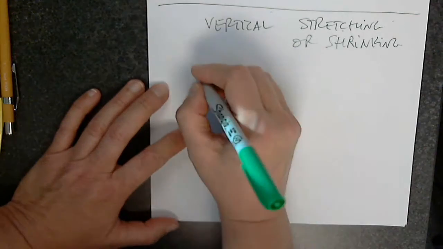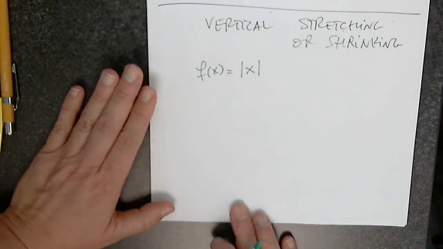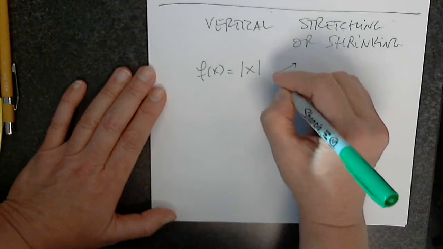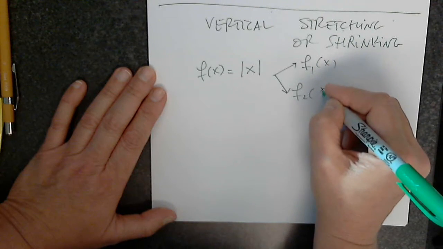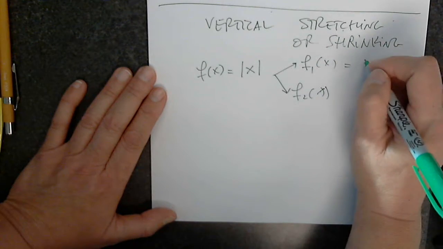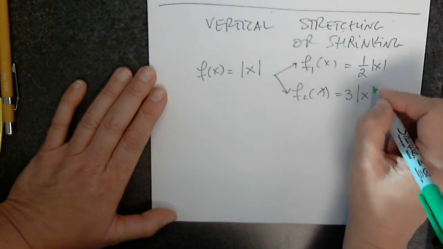Okay, so let's look at f of x equals the absolute value of x. And using this base function, I want to create f1 and f2, 2 other functions. And this will be 1/2 the absolute value of x, and this will be 3 times the absolute value of x.